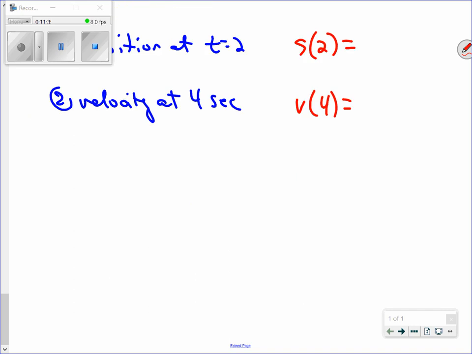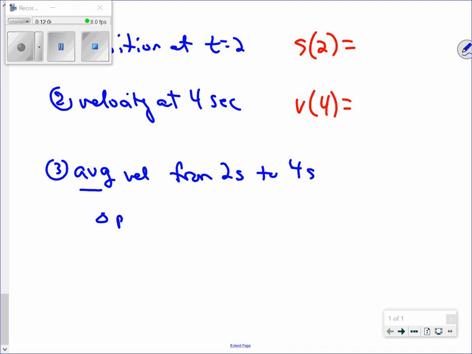and use whatever equation is appropriate. Okay? If I ask you to find the average velocity from 2 seconds to 4 seconds, this is different. This is average velocity. You don't take a derivative to find average velocity. Instead, you go back to that first one, change in position over change in time.